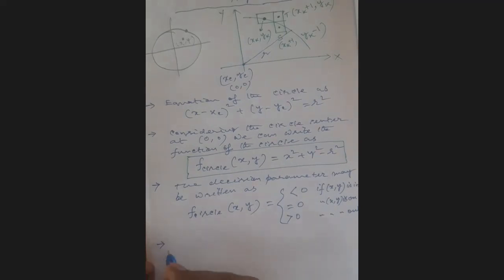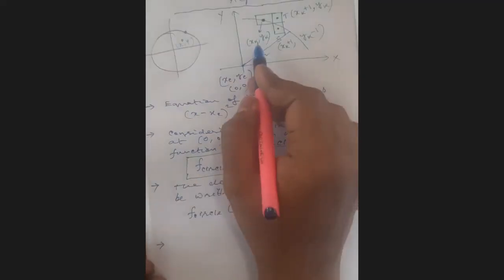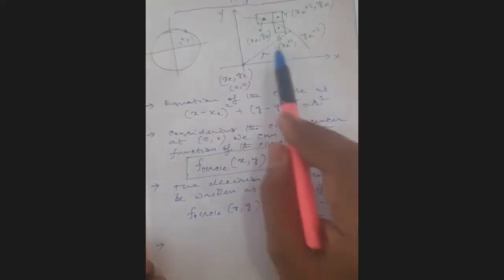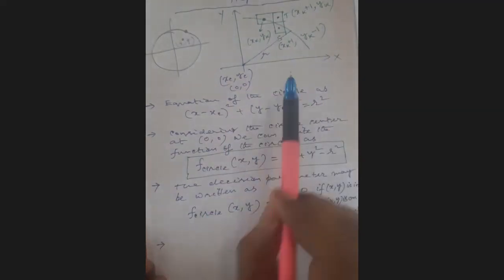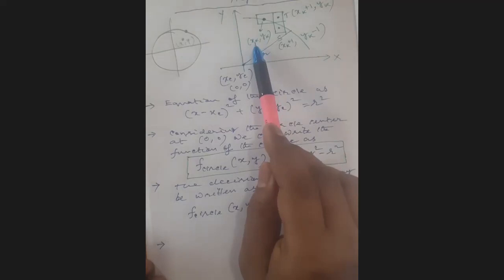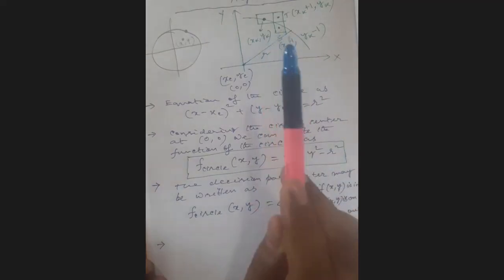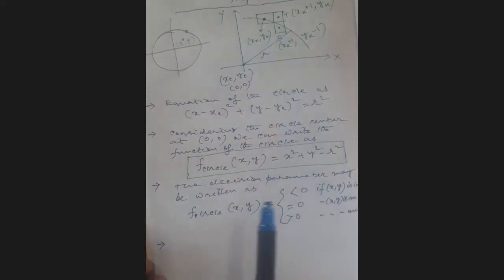So let's assume that we have first plotted the pixel xk, yk at the kth iteration. Assuming that we have already determined the pixel at the kth iteration as xk, yk, now we need to determine which pixel to choose in the next iteration.